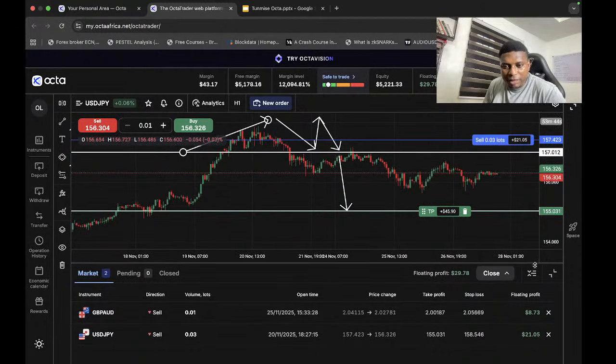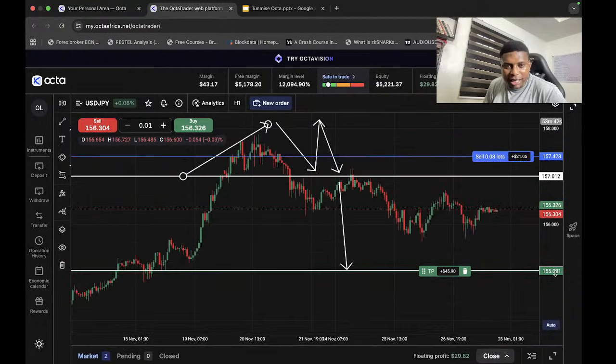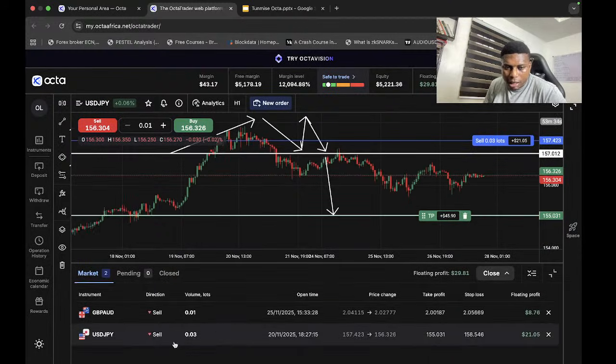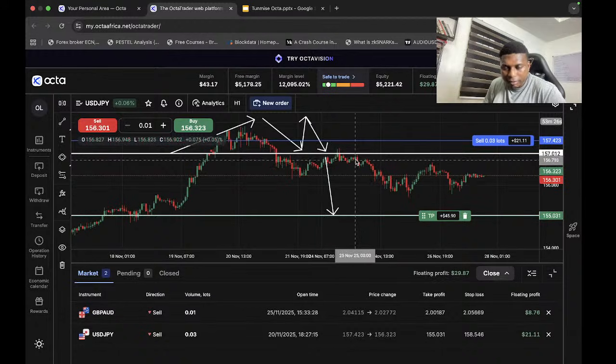Okay, let's analyze what we looked at in the USDJPY market. Last week when we did our analysis on USDJPY, we actually set a sell stop, and we can see what played out here.